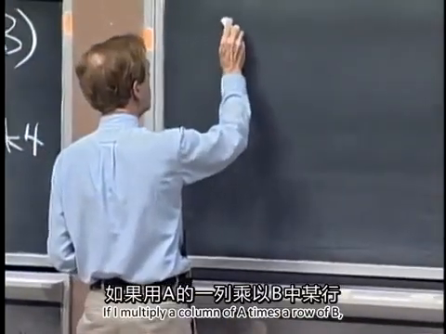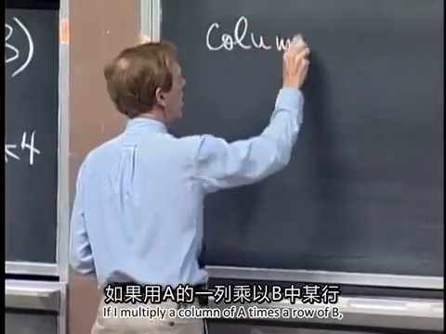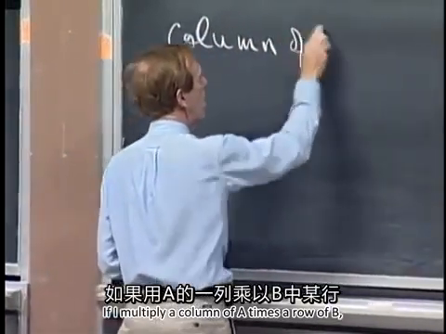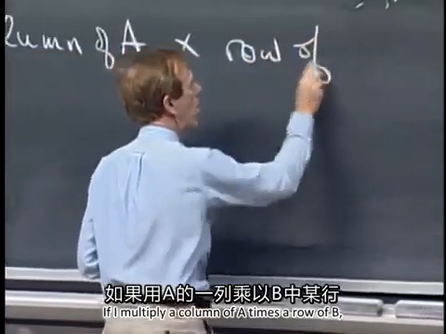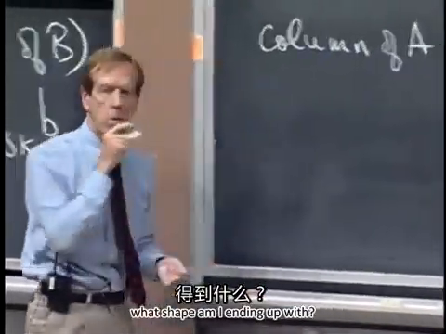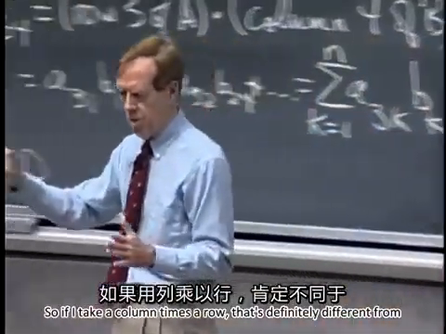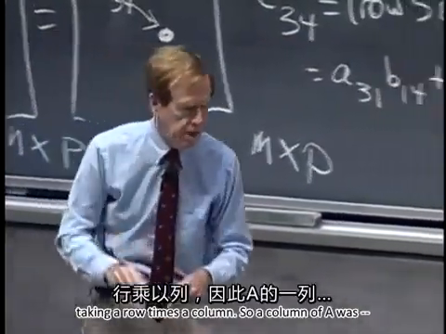If I multiply a column of A times a row of B, what shape am I ending up with? That's definitely different from taking a row times a column.